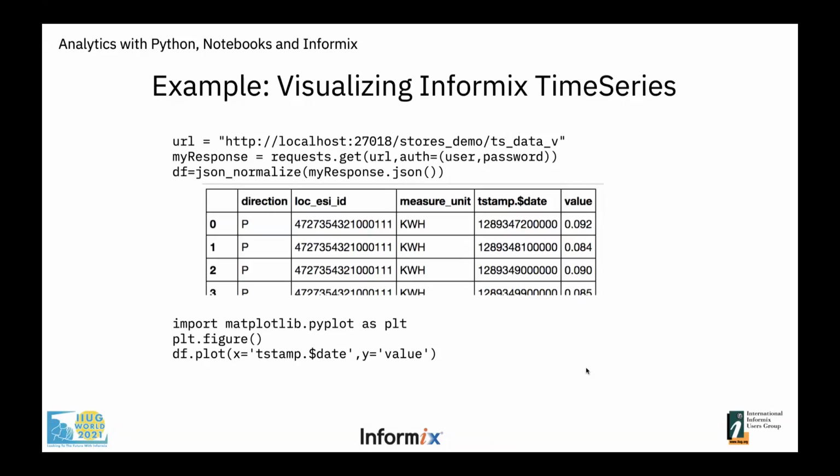Now we just say ts underscore data underscore v instead. We execute the REST call via request.get with the URL and the authentication as arguments, and normalize the data. We have already done that before, but now we have this data frame df with the time series data, and to visualize that, we first have to import the matplotlib pyplot, and the convention how to name that and to access that is PLT.